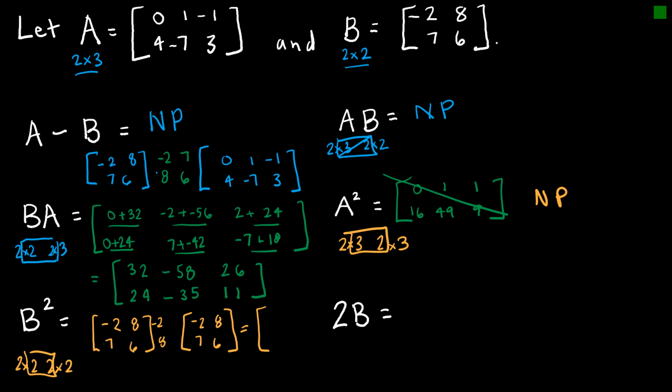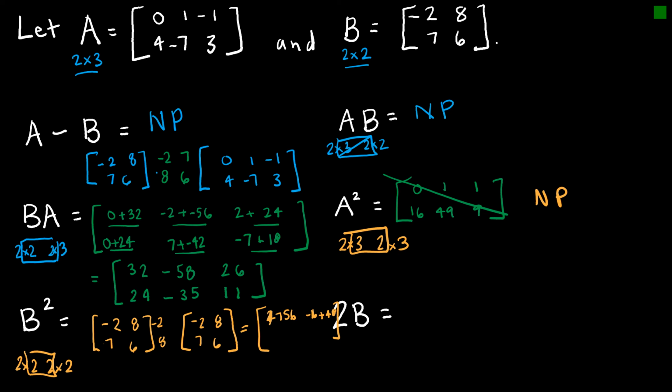So I've got negative 2 times negative 2, which is 4, and 8 times 7, which is 56. I've got negative 2 times 8, which is negative 16, and 8 times 6, which is 48.